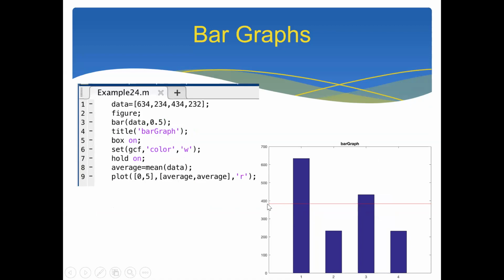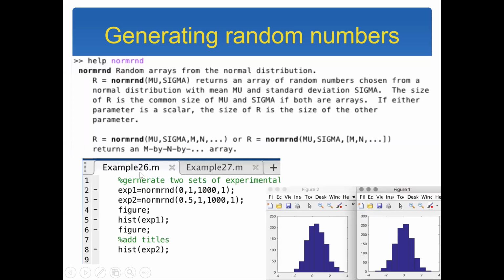So you will connect this point, x equal to 0 at the average, and x equal to 5, y equal to average, connect these two points as a line. Right? So this way has very coarse resolution, only two points, but it is sufficient to have an average. And remember to have hold on here.